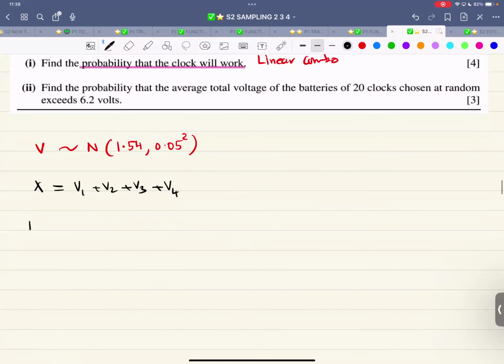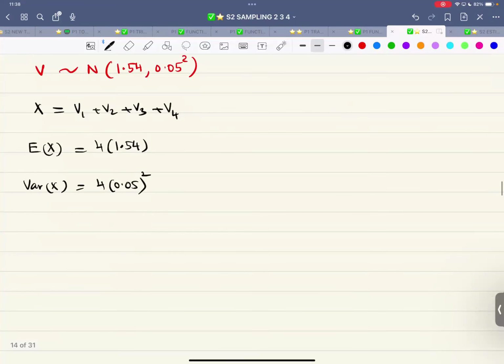Now the expectation of X is 4 times 1.54. And the variance of X, it's not a question of multiple, so it's also 4 times 0.05². I can even write it like this: X follows a normal distribution N(4 × 1.54, 4 × 0.05²).